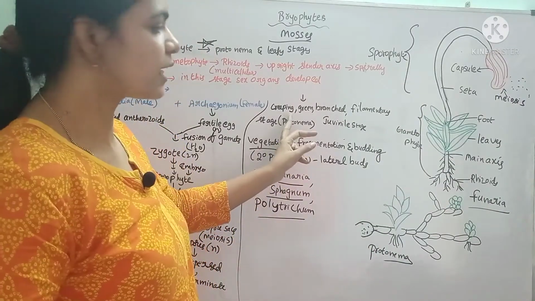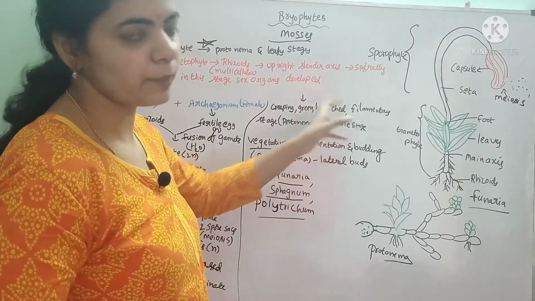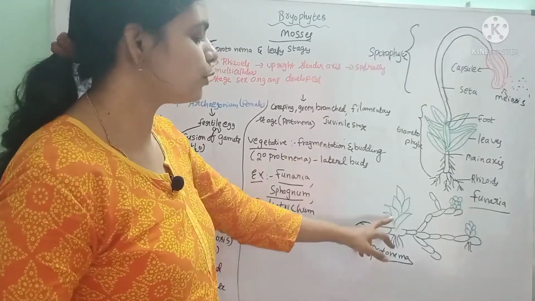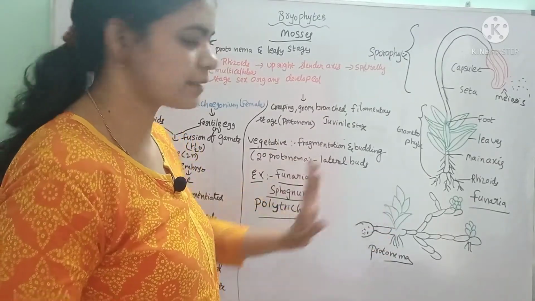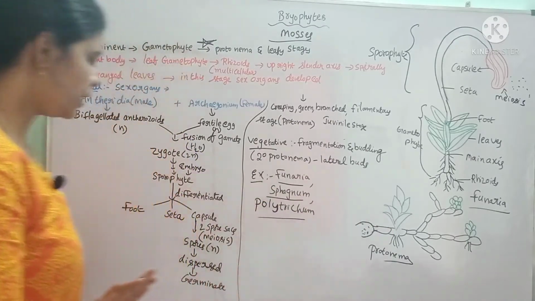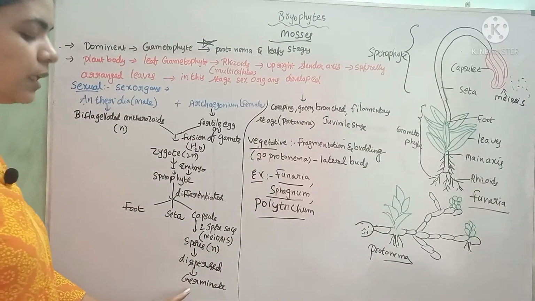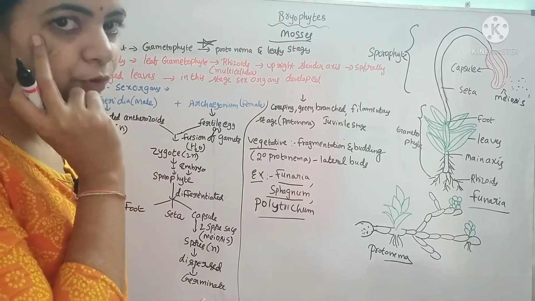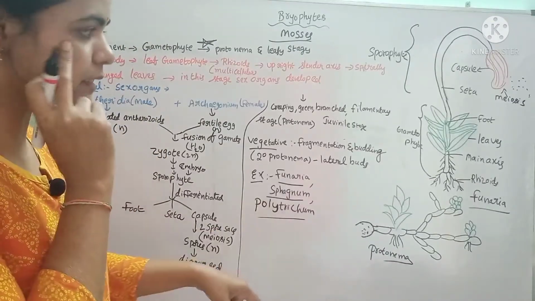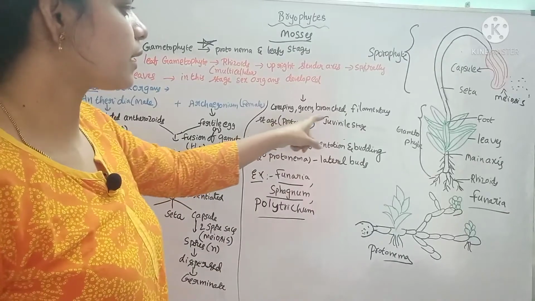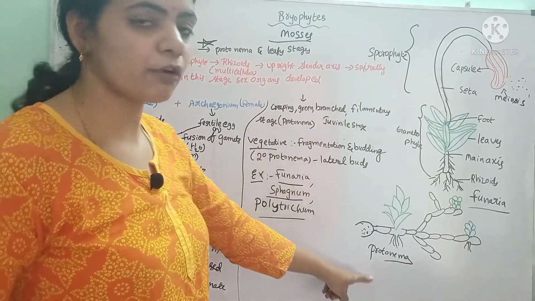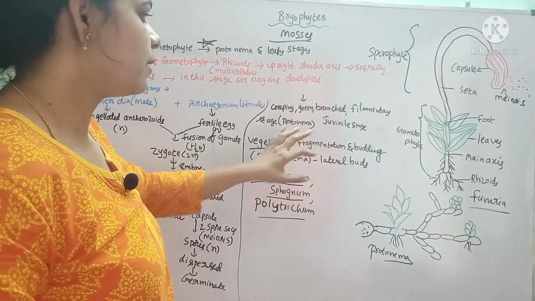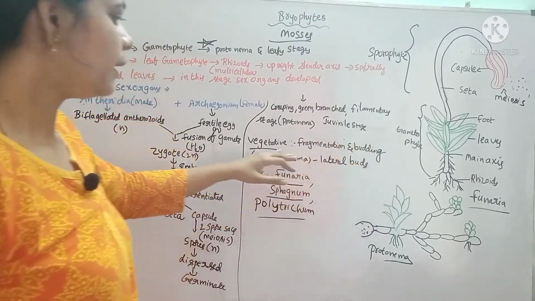This protonema is a creeping, green, branched, filamentous stage, and from this protonema the gametophytic stage develops. So we need to remember: the spores germinate, but the germinated spores do not immediately produce a gametophyte. Instead they develop a creeping green branched filamentous stage called the protonema, the juvenile stage seen in mosses.